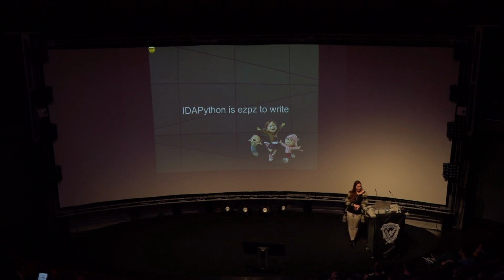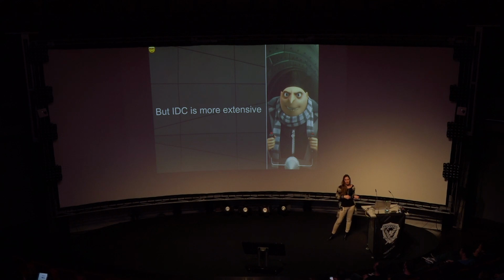You don't need to think about all the things that you need to think about if you write in C. And IDC is more like a C programming language that has its own compiler that IDA created. It's more extensive, and it has more stuff because it's more low level, so it's connected to the APIs that IDA provides. But it's hard to know how to write stuff. There is a little documentation, but there are no examples. So you really need to go deep into the files in order to write IDC.